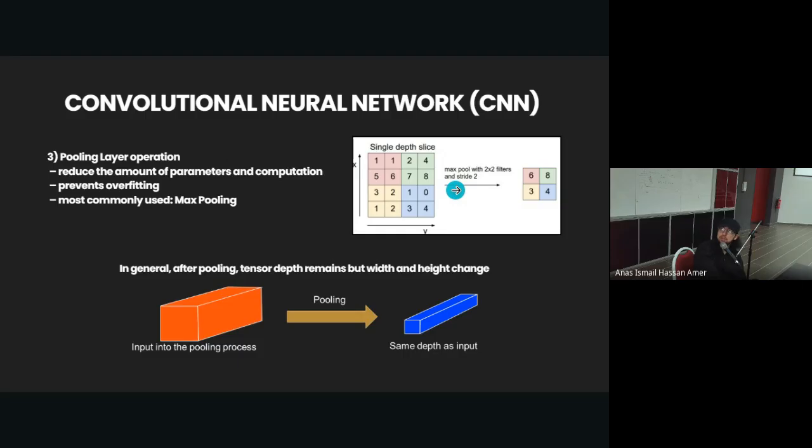We can also set the stride, similar to the convolution operation. All this does is reduce the number of pixels that we have to process, and it chooses the maximum value because it's trying to get all of the features in the image, and usually the maximum value is the brightest or most significant pixel in this area.